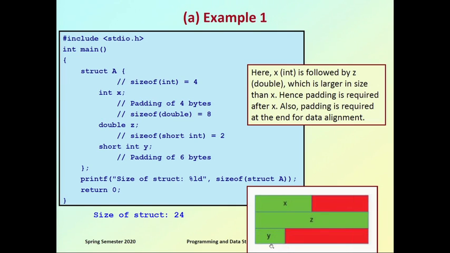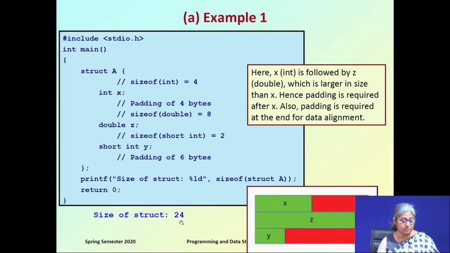This is how the variable members are stored in memory, how they reserve the memory space, and what the size of the structure will be, that means how many bytes are required. Now we can printf the size of struct A, and it will give you 24.